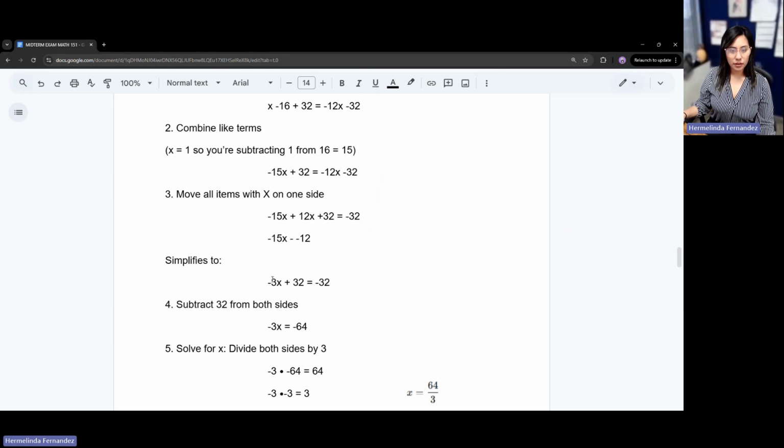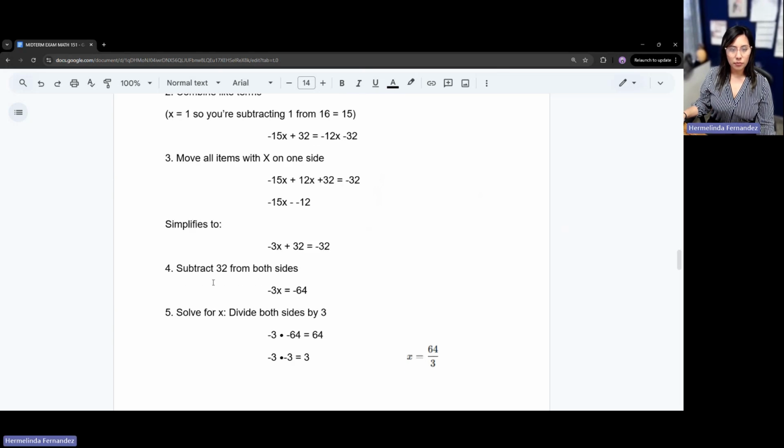So you'll have negative 3x plus 32 equals 32. From there, you subtract the 32 because you want to leave that x alone. 32 plus 32 will be negative 64. So negative 3x equals negative 64.